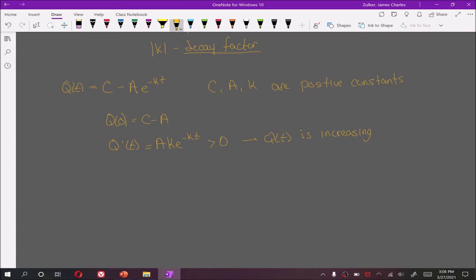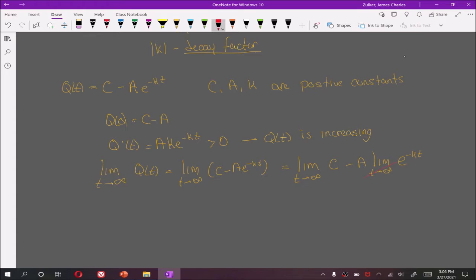Now let's examine end behavior. So if we let the time go to infinity for Q of t, then what we have is this limit right here. Using the laws of limits, we can write this as the limit of c minus a times the limit of e to the negative kt.